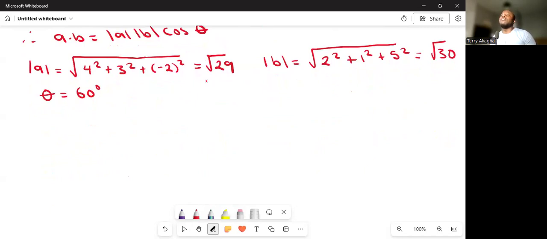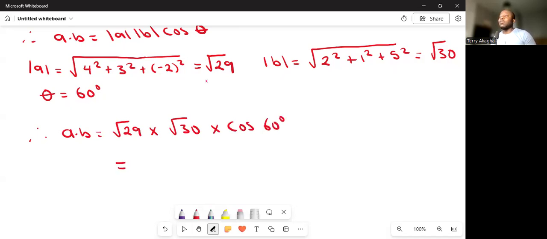So now we can get the dot product easily, all right? Therefore, A dot B is equal to the magnitude of A, which is square root of 29, multiplied by the magnitude of B, which is square root of 30, multiplied by cos 60 degrees. And when you press your calculator for that, it's going to give you square root of 870 divided by 2, okay?